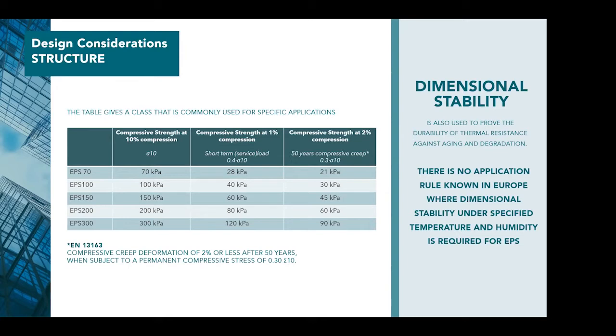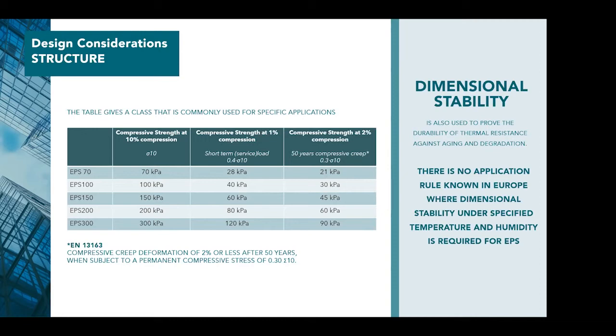There's a lot of information when we test and look at the EN code. EN 13163, which I mentioned, covers a lot of testing information, and what we test on our DOP. We look at dimensional stability, durability, and the thermal resistance of the product over time as well.